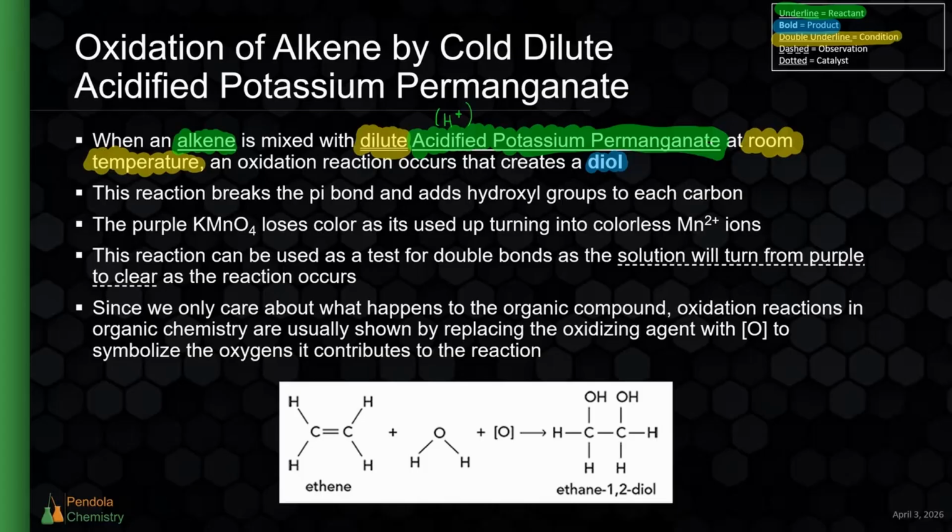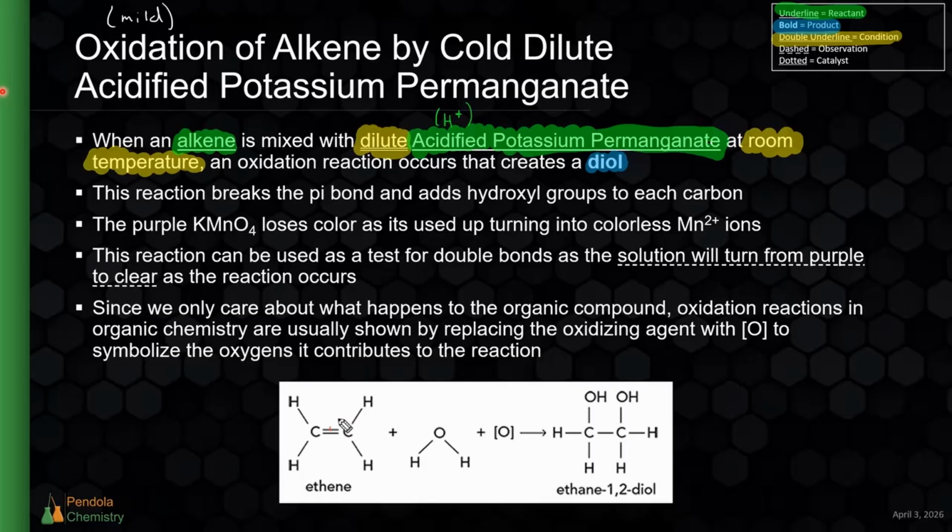So this reaction, what it's going to do is that we call this a mild oxidation reaction. The reason we call it a mild reaction is because we're not fully breaking the double bond. Because the conditions are mild, because it's cold and it's dilute, when the oxidation happens, it doesn't break the whole double bond. It only breaks the pi bond in the double bond. It only breaks one of the two bonds.